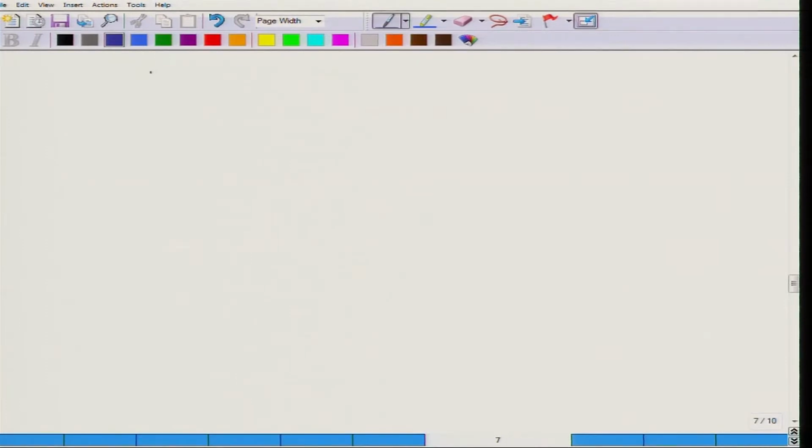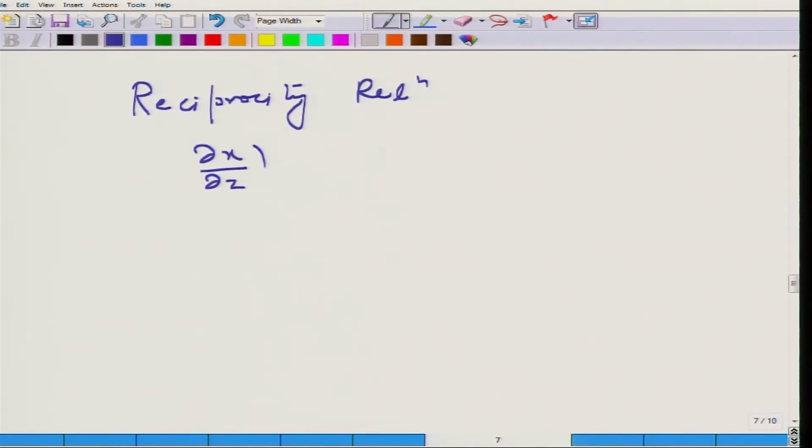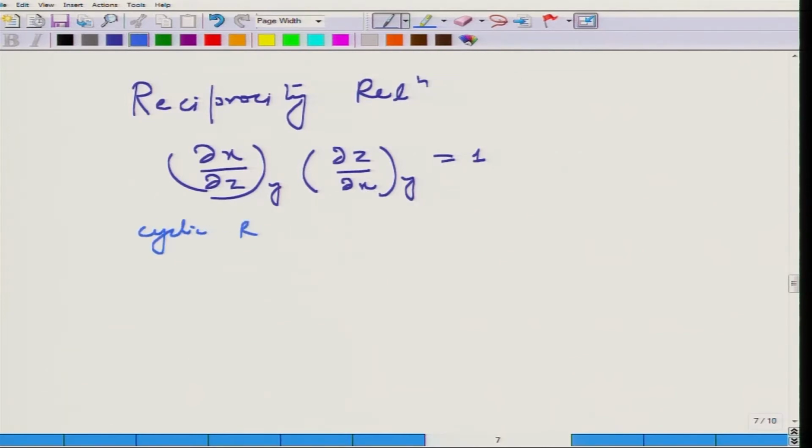Before I end this lecture, let me also write down these two expressions which we are going to commonly use. One is called the reciprocity relation, which is well known. The other one is the cyclic relation, where we use three variables.